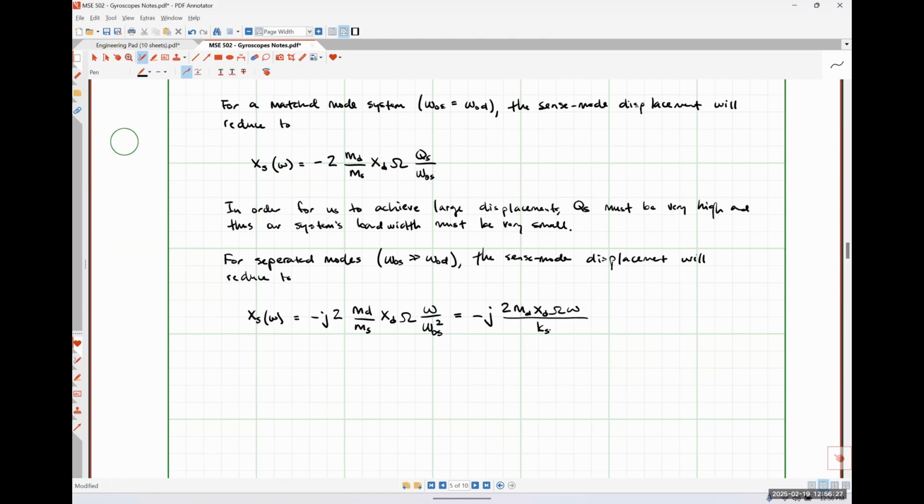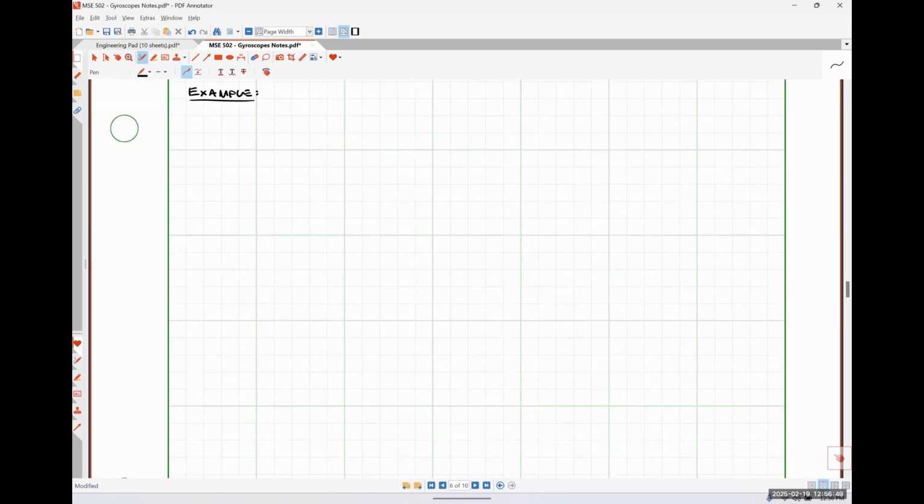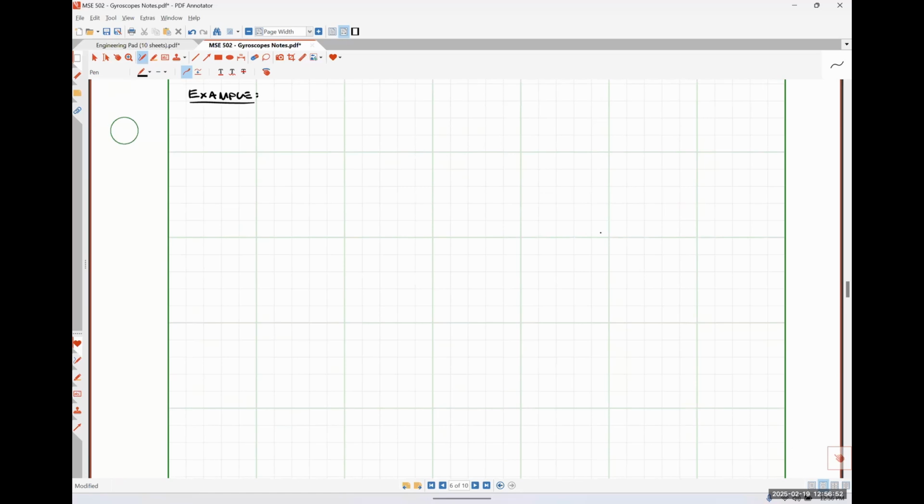All right, so the last thing that I want to do with you guys is work an example problem, showing us how to put all of this together. Half my page will be trying to draw this structure. I'm going to start with a proof mass here in the middle, like so.